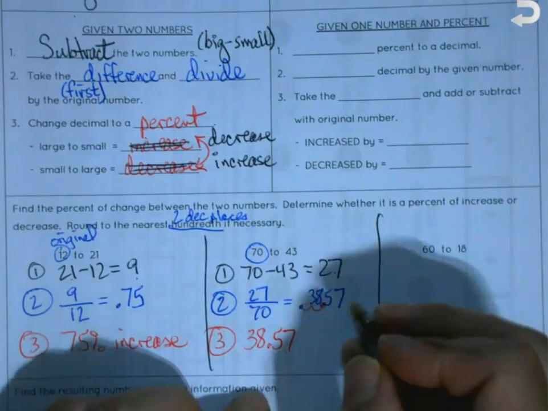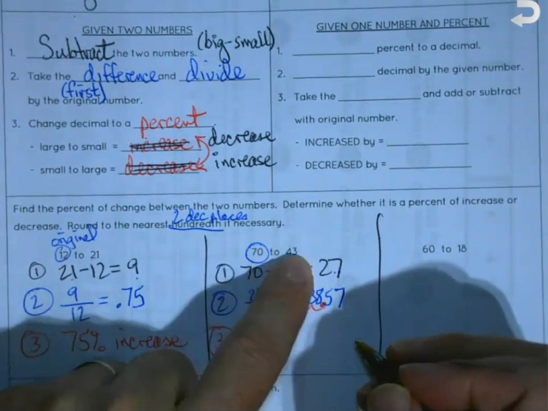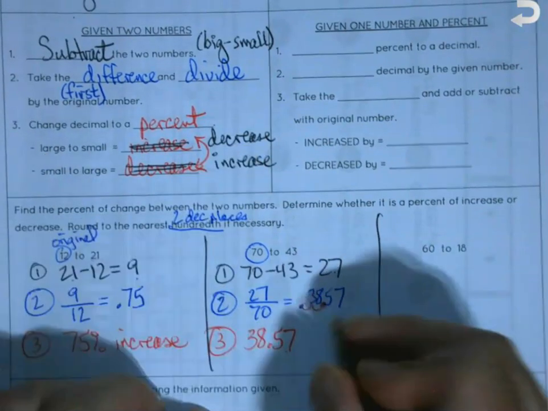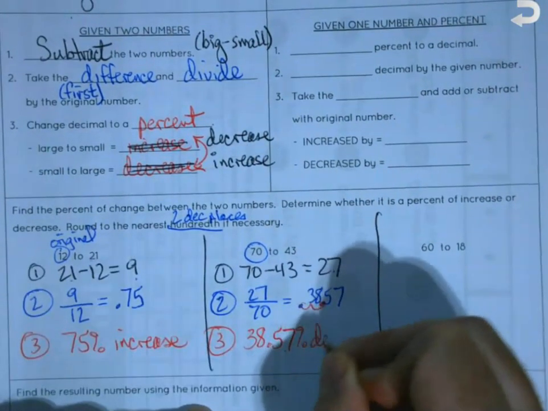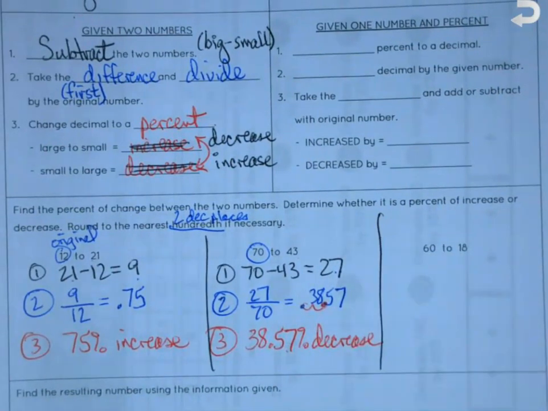And since the original number was bigger and it got smaller, large to small, that would be a decrease. That's how this comes from.